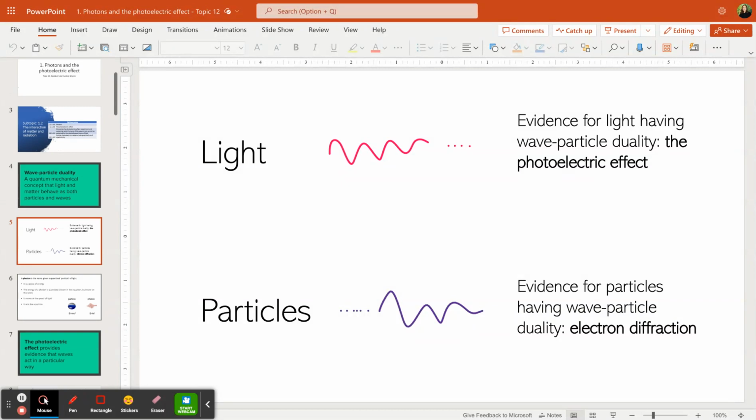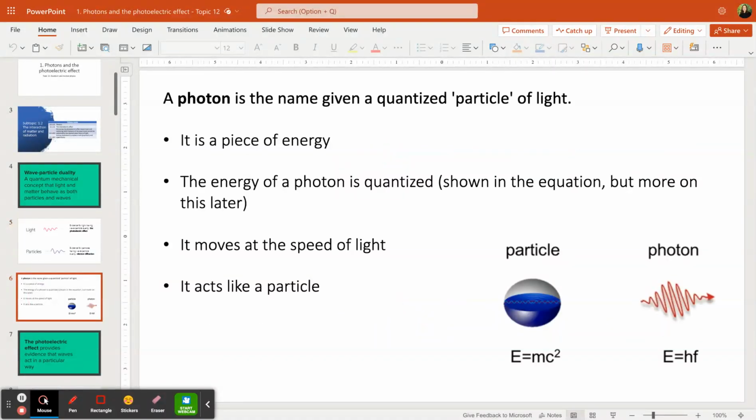It can be both. So, a photon is the name given to a particle of light. So if we think of light as a wave, and then we take a certain amount of that wave, a piece of energy of light is called a photon.